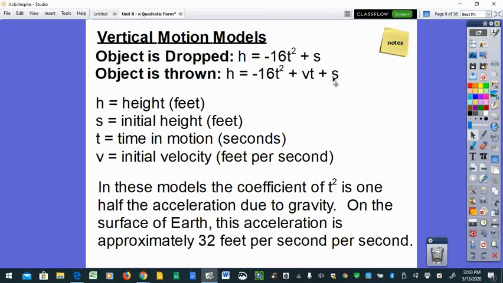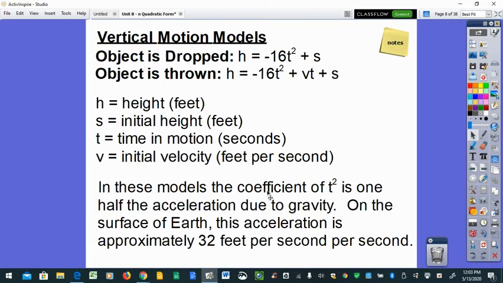So when you put your hand out the window, you were so many feet off the ground. That would be the start height. The h would be like the end height. T is your time, the seconds that the object is in motion, and V is that initial velocity, which would be feet per second or meters per second, something like that.